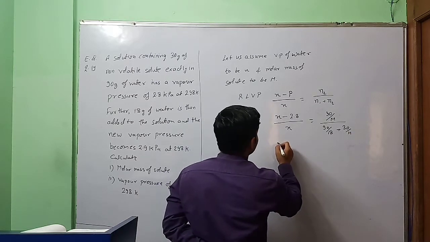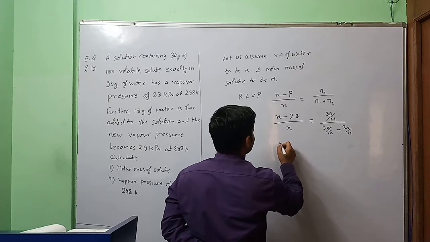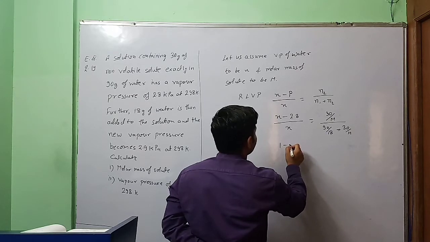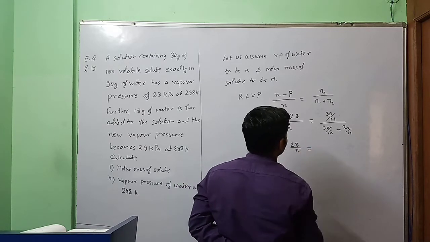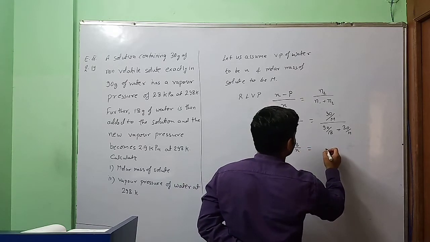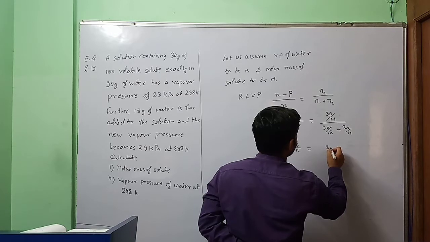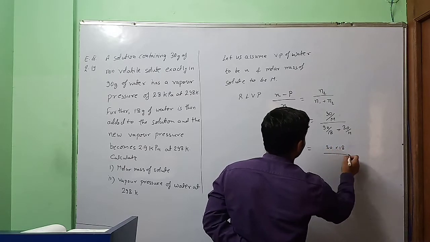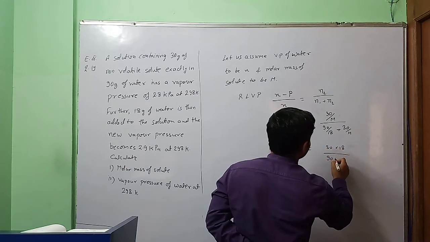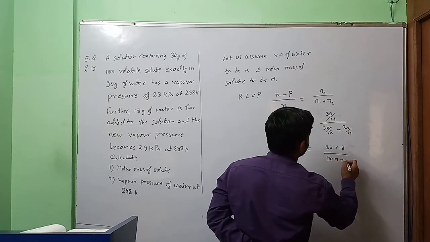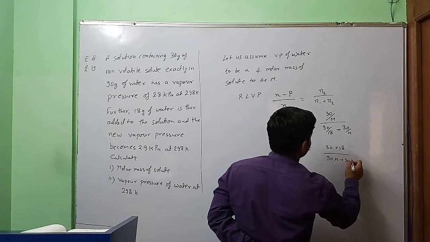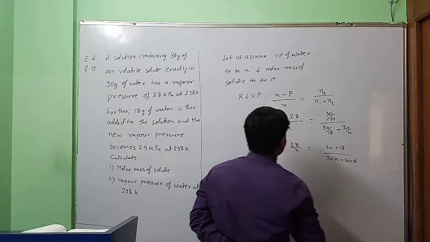This fraction we can write as 1 minus 2.8 upon X equal to 30 into 18 upon 90M plus 30 into 18.